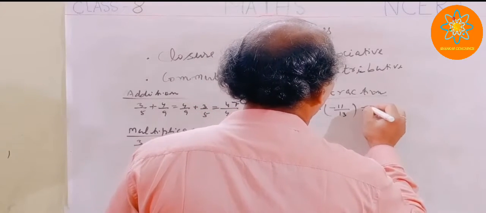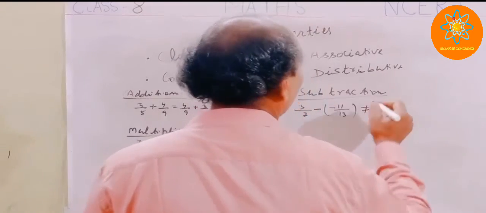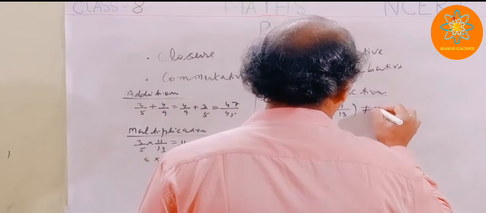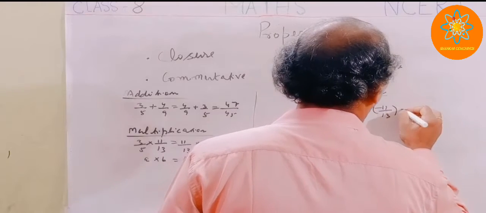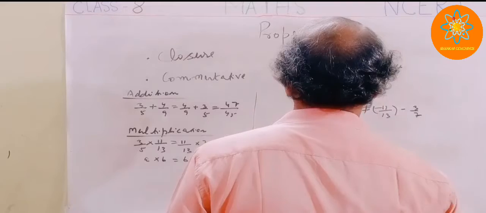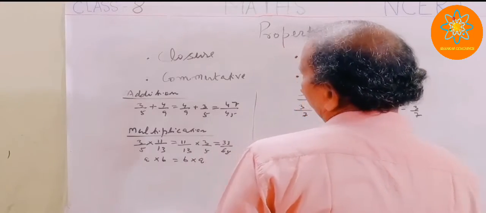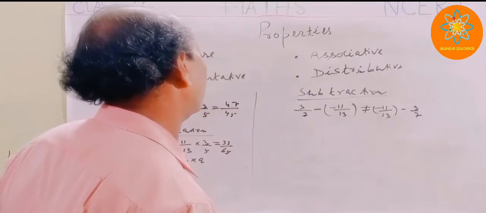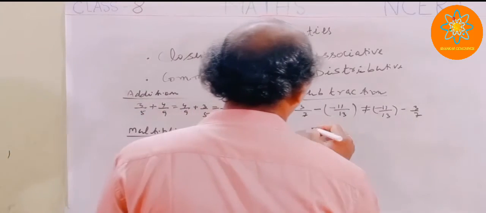This is not equal to 11 by 30 minus 3 by 7. Hence, the commutative property for subtraction is not true. Then the last is the case of division.